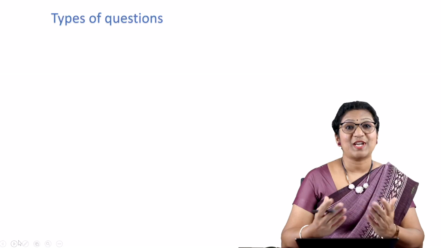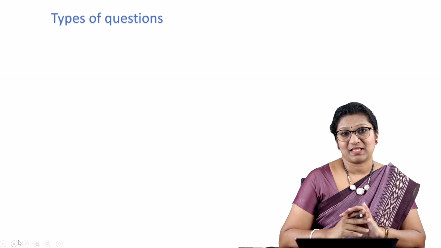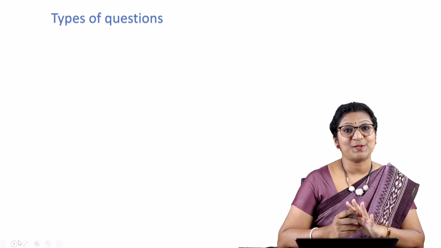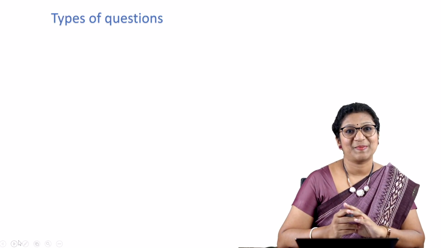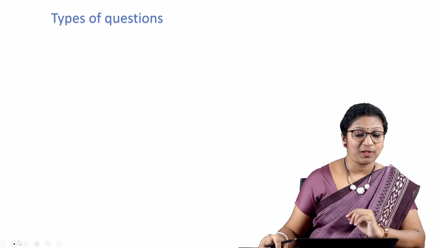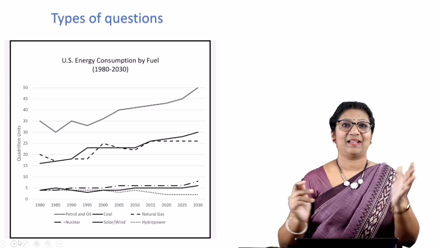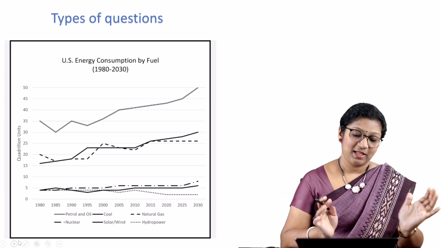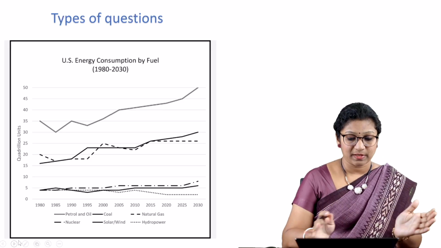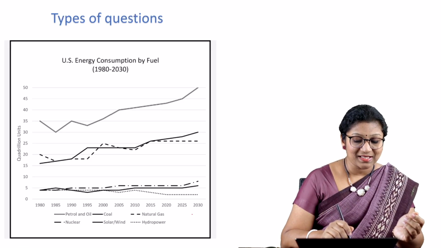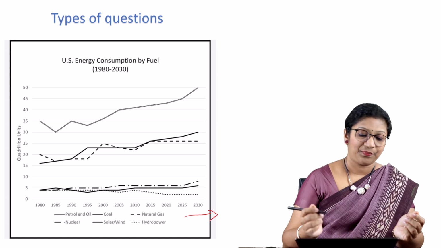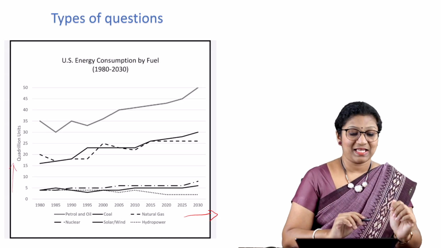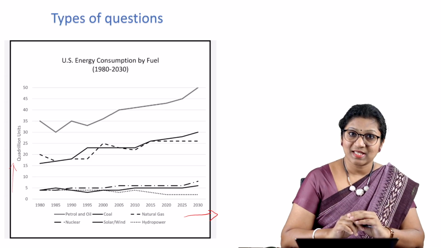What are the different types of questions that appear in Writing Task 1 which requires you to identify a trend? Well, the first one, of course, is a line graph, as you can see on screen. So you have data plotted against variables. You have the x-axis with the years given here, and you have the y-axis with units. In this case, it's quadrillion units.